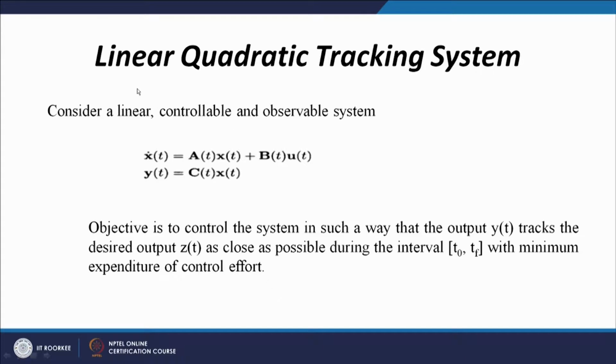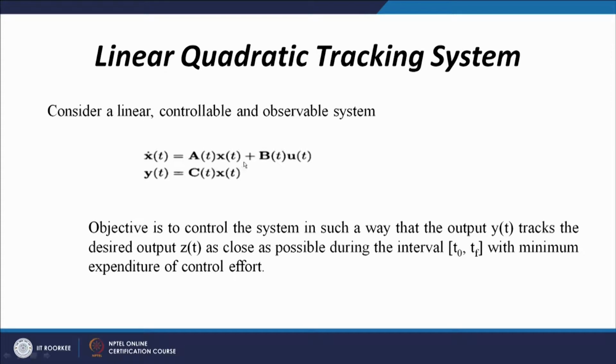So we can formulate a quadratic problem for a given plant x dot equal to A x plus B u, y equal to C x, A B is controllable, A C is observable.